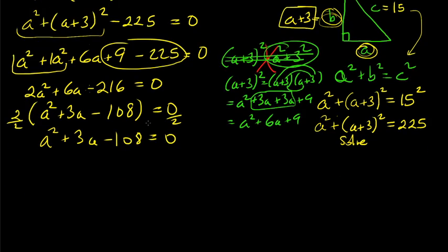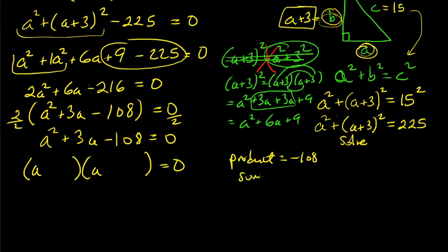Now all we have to do is look for two numbers whose product is negative 108 and whose sum is positive 3. I'll let you think about this for a second, or write out the list if you have to.